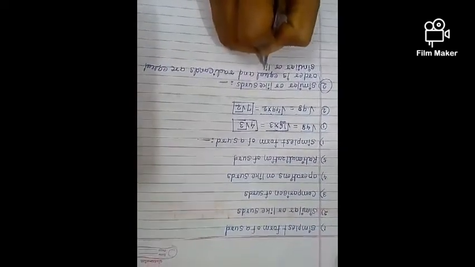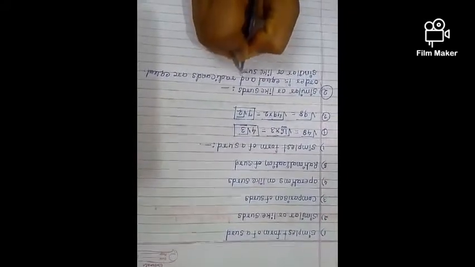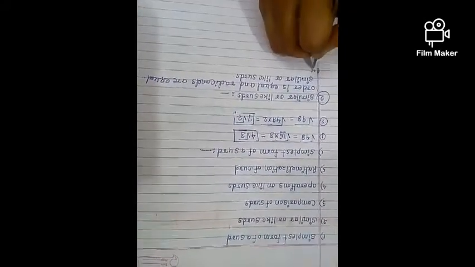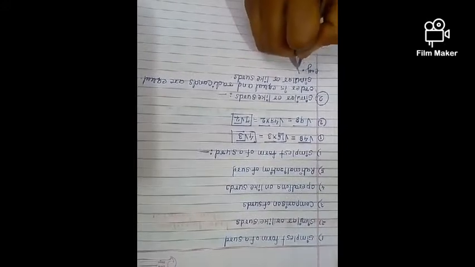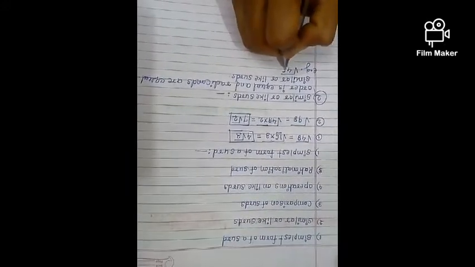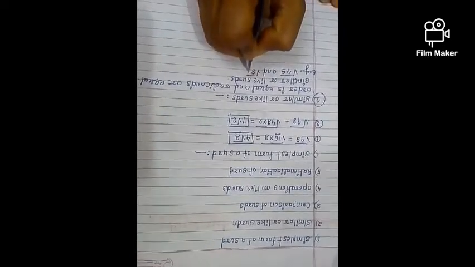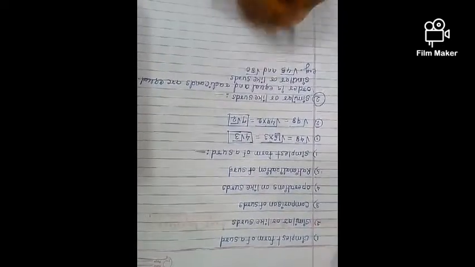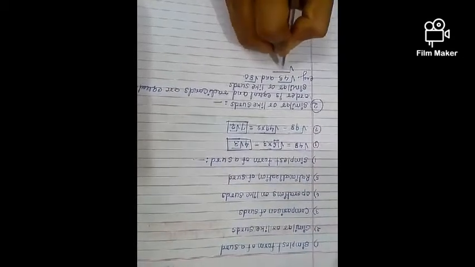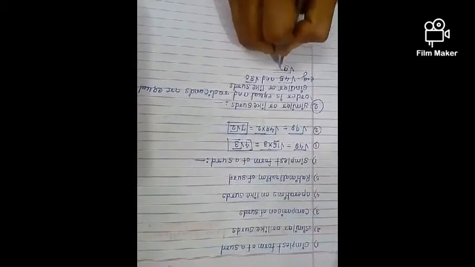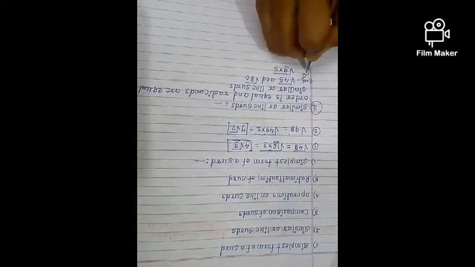Similar or like surds. So let's see the example. For example, root 45 and root 80. So see here, root 45. The factors are 9 times 5, which is 45.